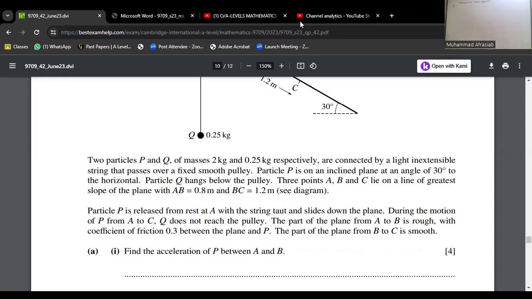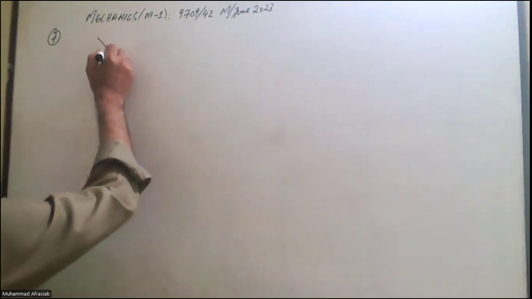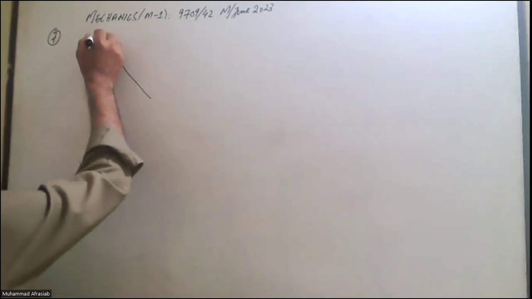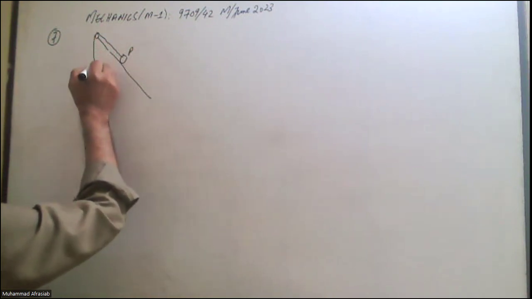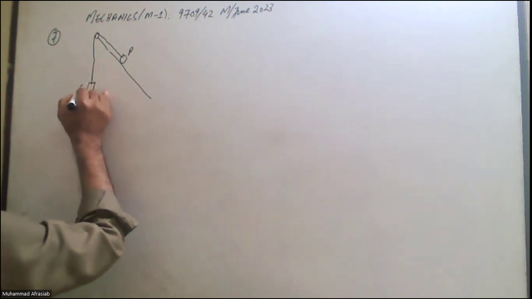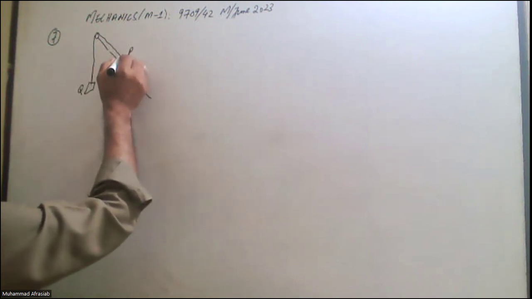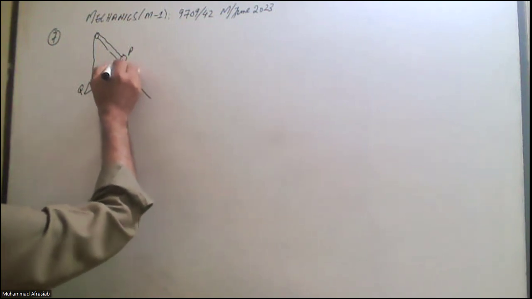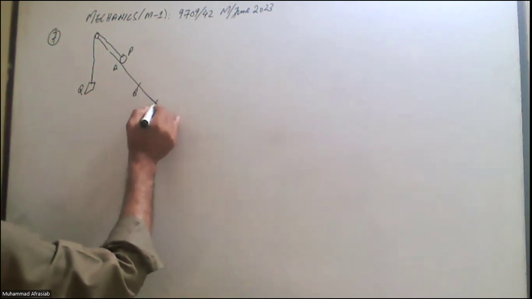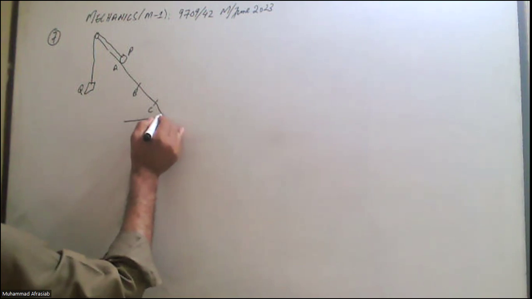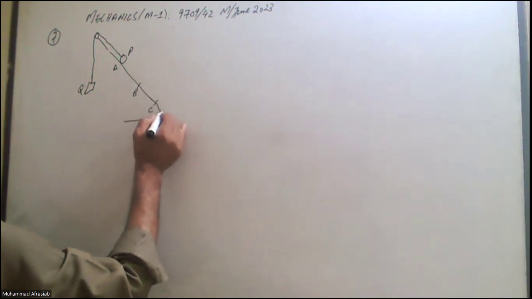So there are two particles P and Q, which are shown like this. This is particle P, and this is particle Q. It is moving from A, then towards B, and then towards C, on a plane making an angle of 30 degrees with the horizontal.